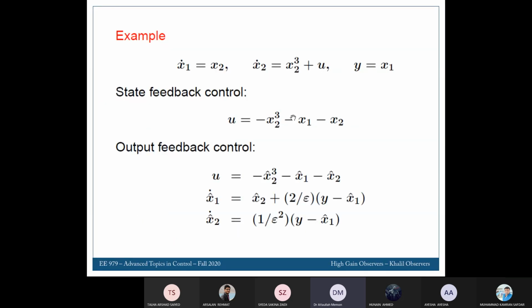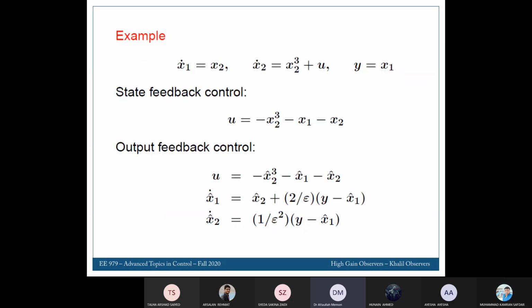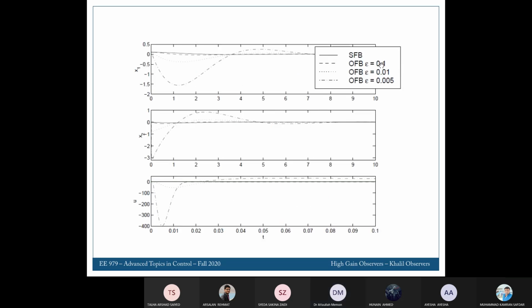Okay, no observer being used over there. But in all these three plots, the three other lines which are dashed, dotted, dash dotted, correspond to the output feedback controller with choice of epsilon values. One epsilon value is 0.1, the other one is 0.01, and the last one is 0.005.